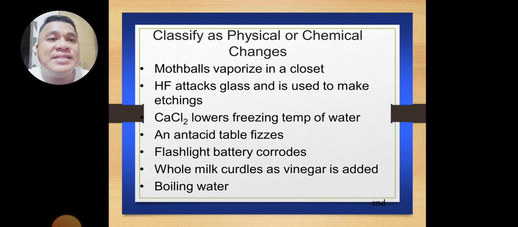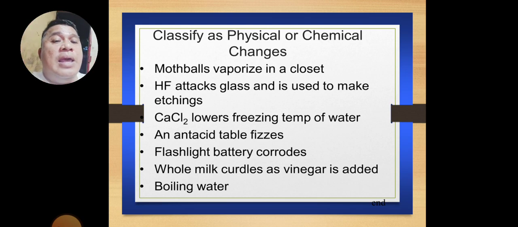And an antacid tablet fizzes. So meaning to say it bubbles. The antacid, that's a chemical change. There are bubbles happening, like a chemical reaction. And next, a flashlight battery corrodes. The flashlight battery, that's a chemical change because you utilize the battery chemically.